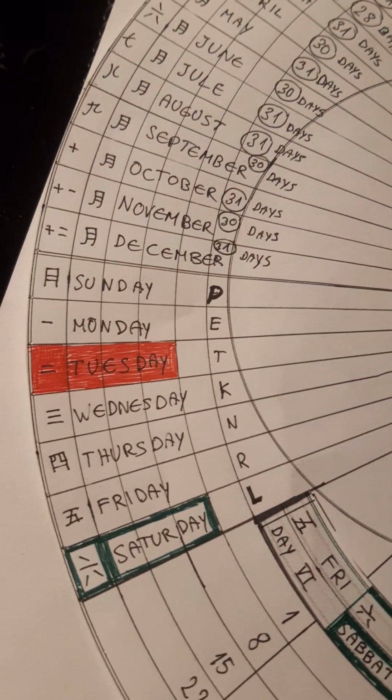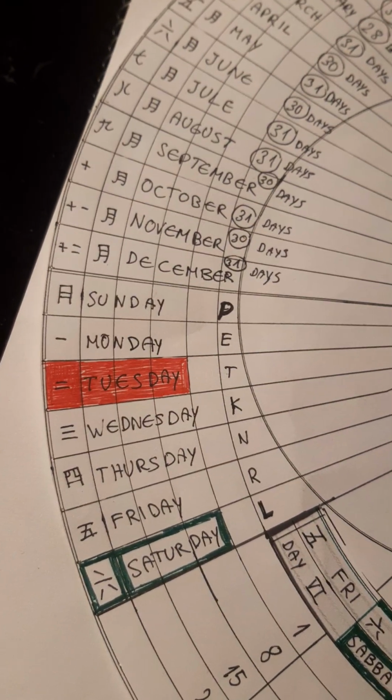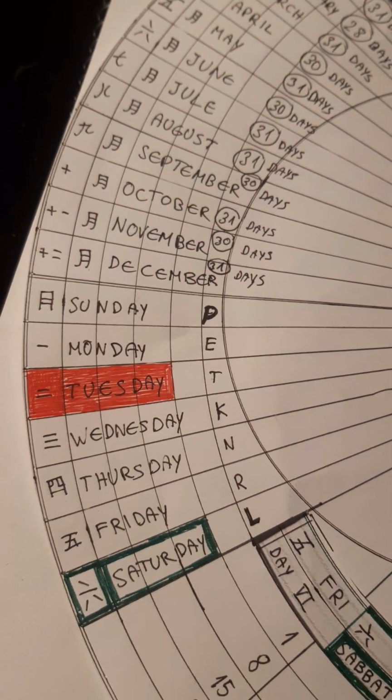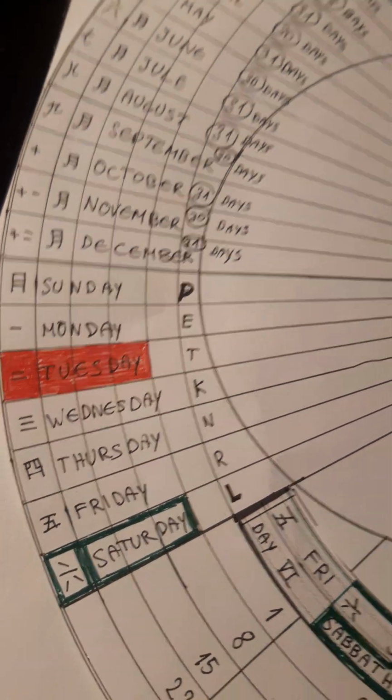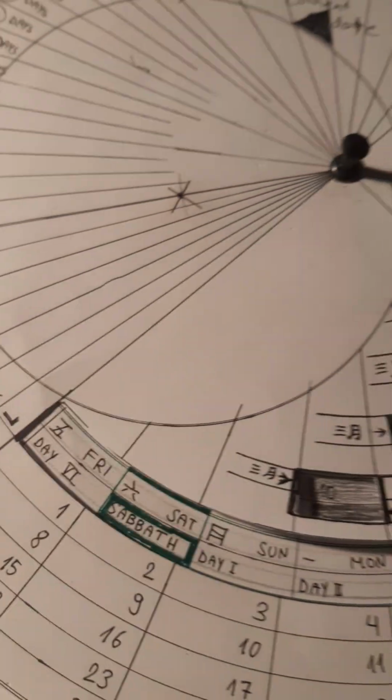So that's how they start their week. They start their week on Monday. Some calendars start on Sunday. This is just the way different systems implemented them.